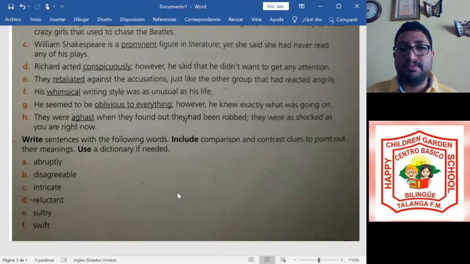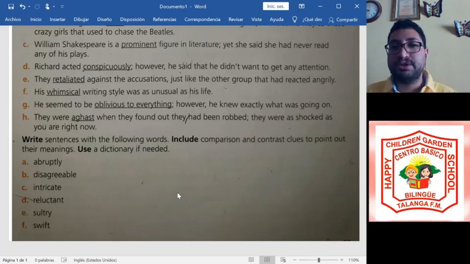So you're going to find abruptly, and let's say abruptly means suddenly. So let's say I abruptly storm out, but I come back very quick. So abruptly means suddenly, and I'm using a context clue that is contrast.